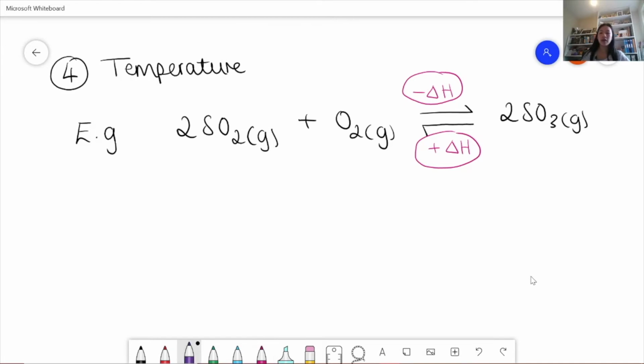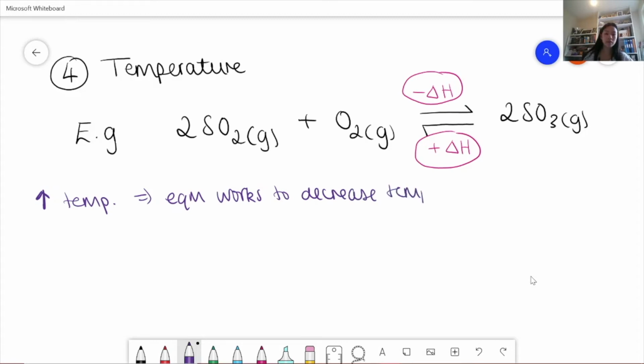So if we increase the temperature, then the equilibrium works to decrease the temperature, so to counteract the change. And the reaction that decreases the temperature would be the endothermic reaction, because endothermic reactions take energy in to form the products.